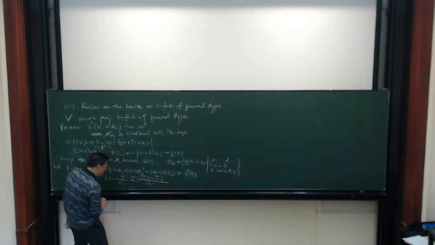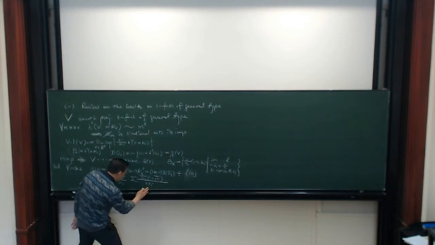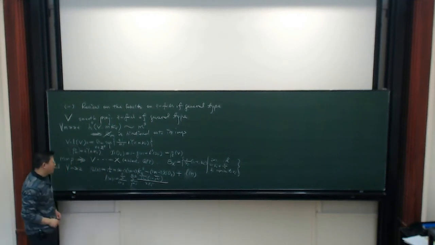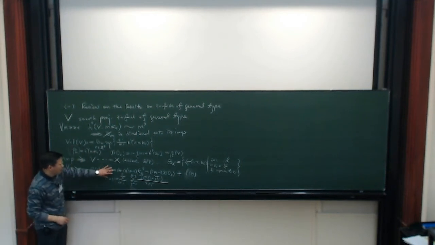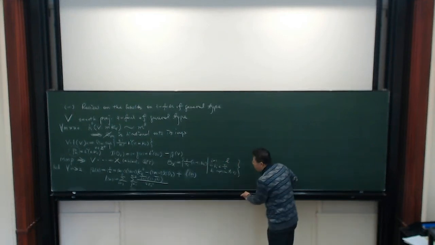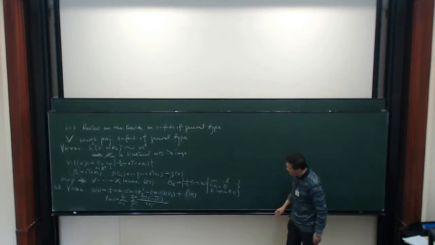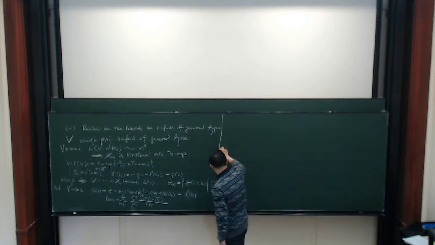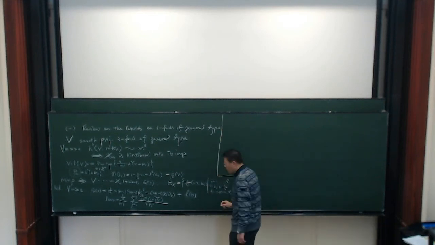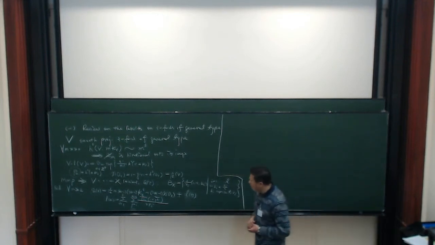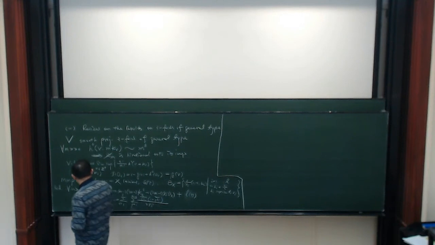I, and J from 1 to M minus 1. Okay. So anyway, we have this formula. The difficult point is that for many years it's not easy to calculate this, especially when this threefold has some strange property.